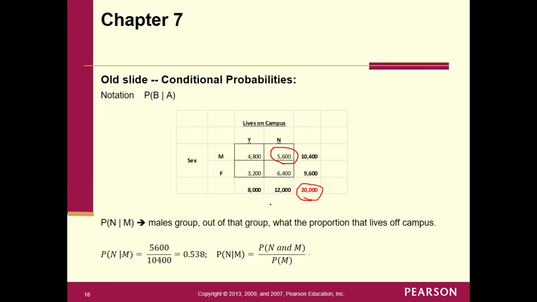The denominator would be the probability of m, which is 10,400 over the 20,000. So we got 5,600 divided by 20,000 for the numerator, and 10,400 divided by 20,000 for the denominator. Guess what happens here? If you do the reciprocal, the 20,000s cancel out. What are you left with? 5,600 divided by 10,400, and there you go.